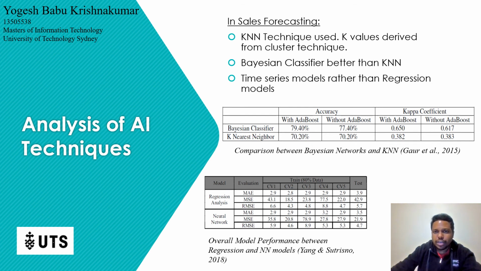Also, most of the forecasting models need to use periodic data to capture the seasonal changes. Because of this, time series techniques were used in forecasting models when compared to the regression models. Also, time series models provide far better accuracy when compared to the regression models.